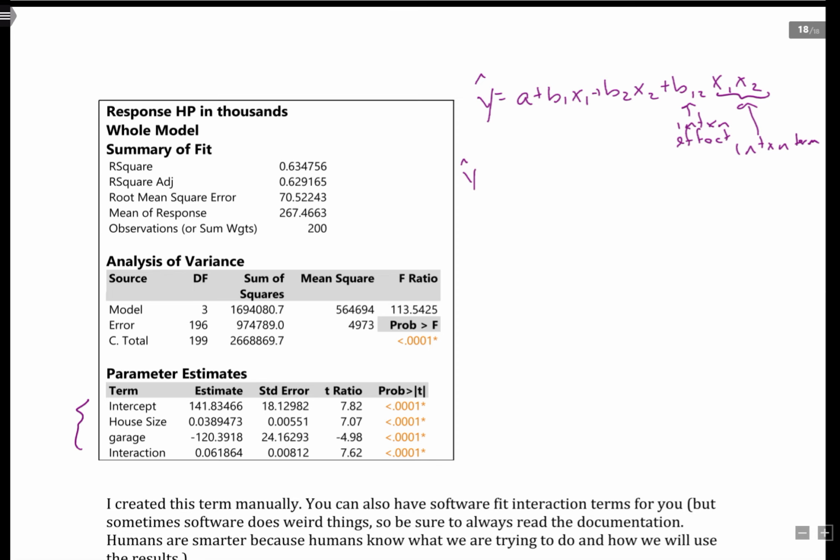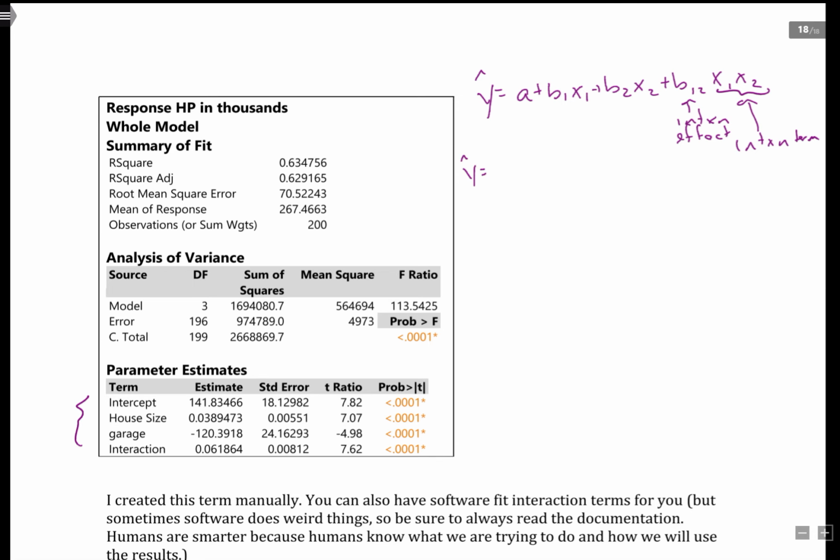Our prediction equation altogether would be, with some rounding, 141.83 plus 0.04 x1 for house size minus 120.4 x2 for garage plus 0.06 x1 x2 for the interaction.